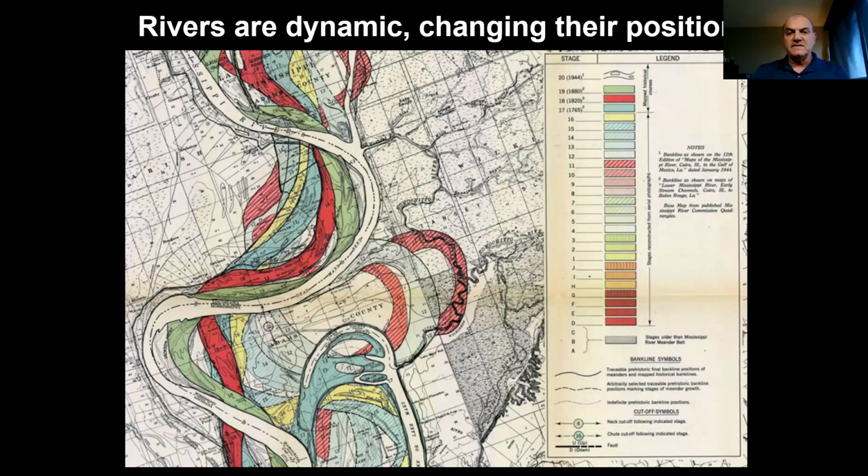This is a map of the Mississippi River showing the shifting river channel positions over a 300-year time period. And you can see that the river channel position is changing, but the shape of the river is more or less the same. You have the meanders across the landscape.